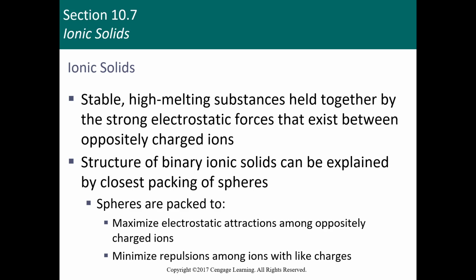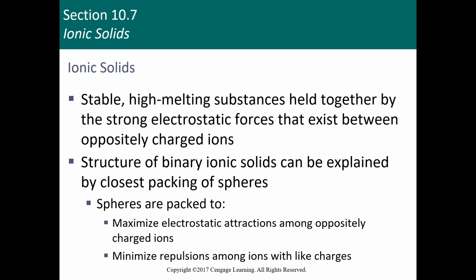Now, the structure of binary ionic solids can be explained by closest packing of spheres, like we talked about before. The spheres are packed to maximize the electrostatic attraction between the oppositely charged ions, but they also need to minimize the repulsions among ions with like charges.